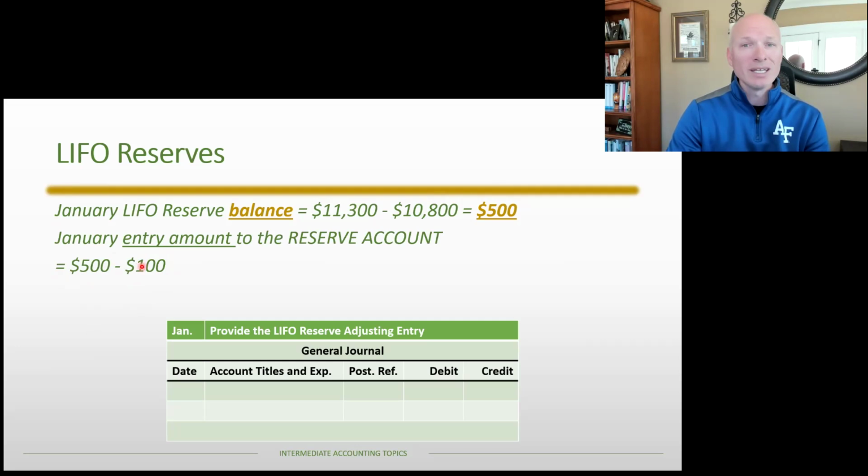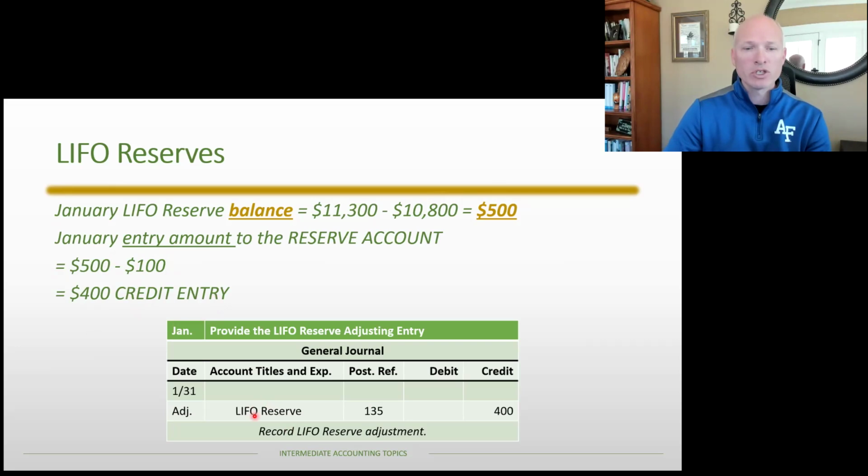So now we're going to increase the contra asset account by 400, which means we need to credit that account $400. So we would credit the LIFO reserve account. Notice it is a contra asset, so it's in the 100s. We're going to credit that account $400, and then that is going to be offset by a debit to cost of goods sold.